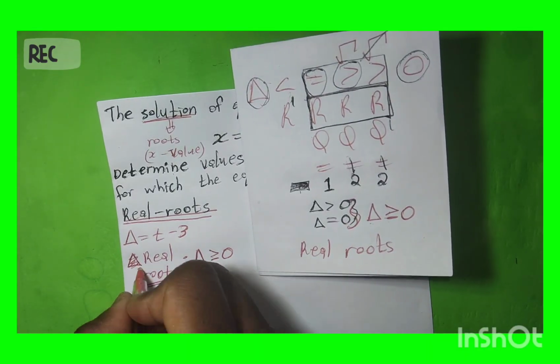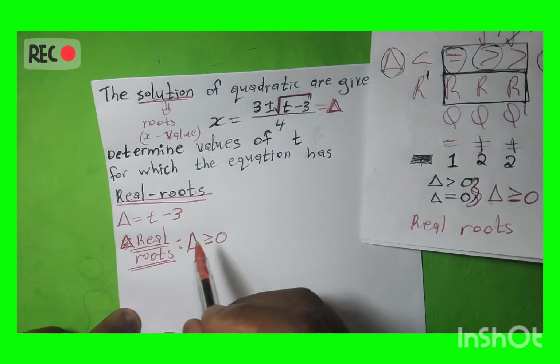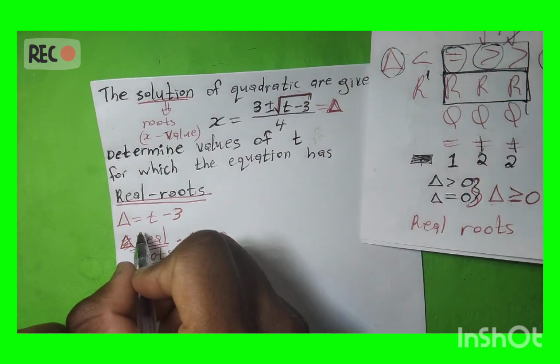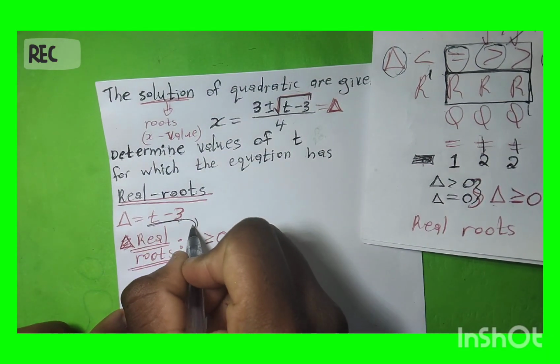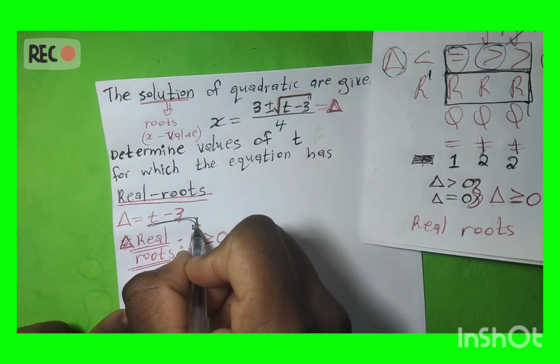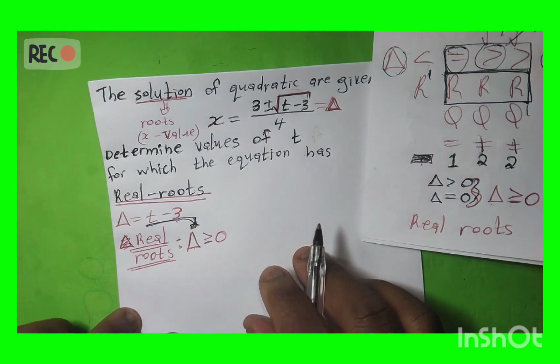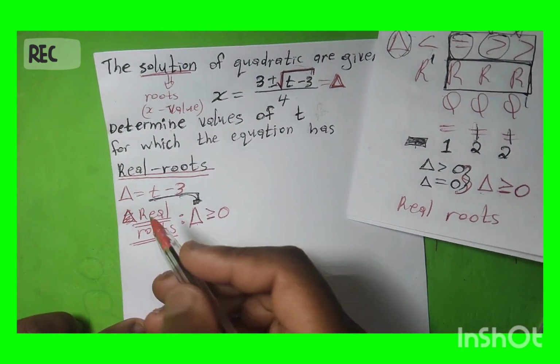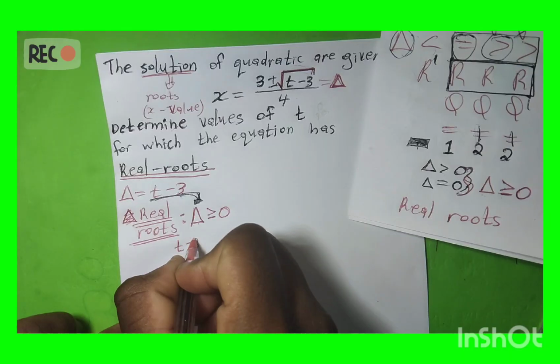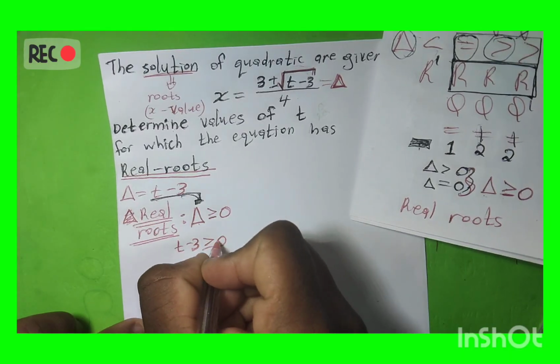Now I know my discriminant is this one, meaning I can substitute the discriminant here. Substituting that discriminant, it will be t minus 3 greater than or equal to 0.